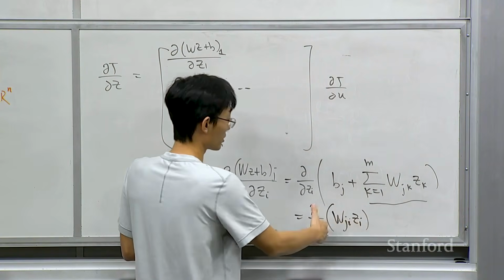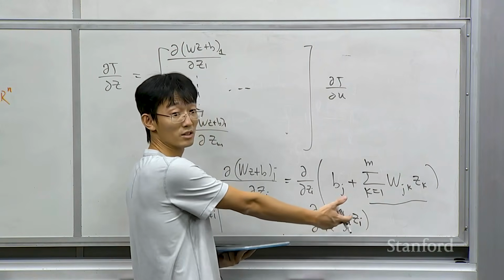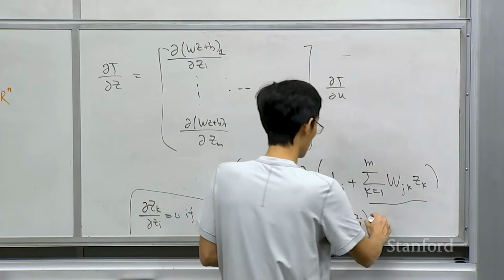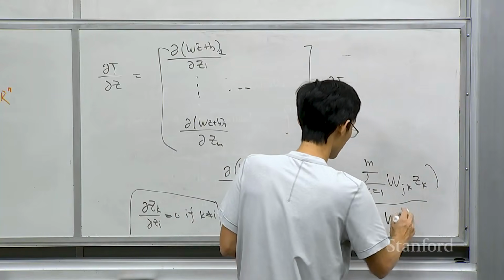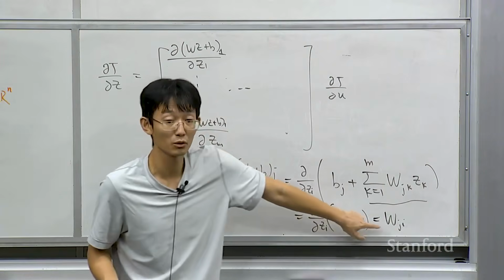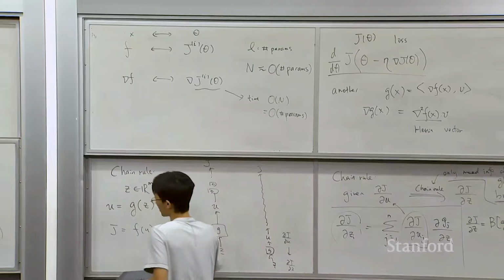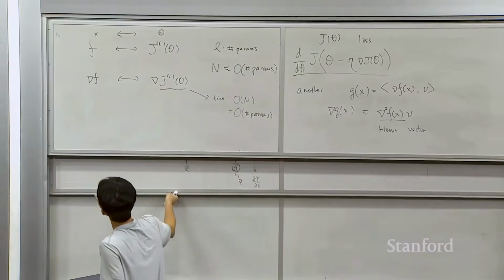And this is a linear function of z_i, so the derivative is just the constant in front of the linear term, which is just W_ji. So basically this matrix, the ijth entry, is just equal to W_ji. That means you can simplify this dramatically.